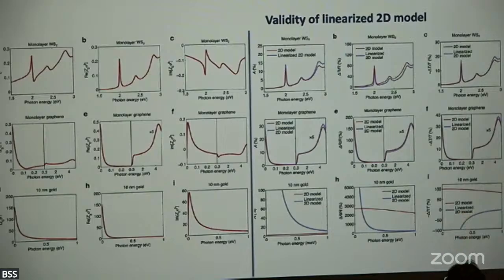So the 2D model is just the red line, and this linearized 2D is the purple line. So even for a single layer, this linearized model often does not give you a very accurate result. And of course, for 10 nanometer gold, totally out. You cannot do it. It's completely different.